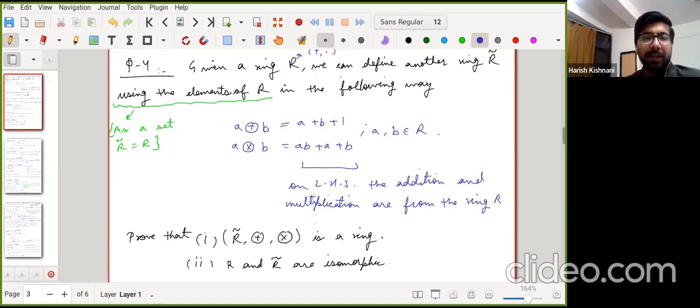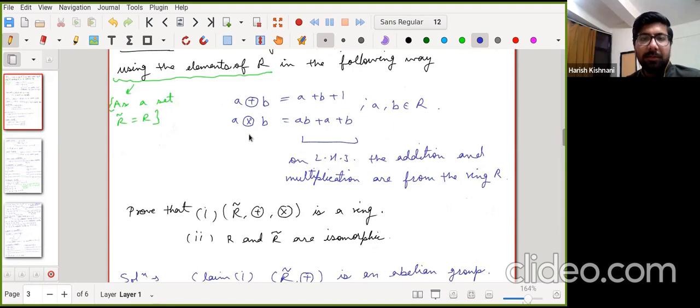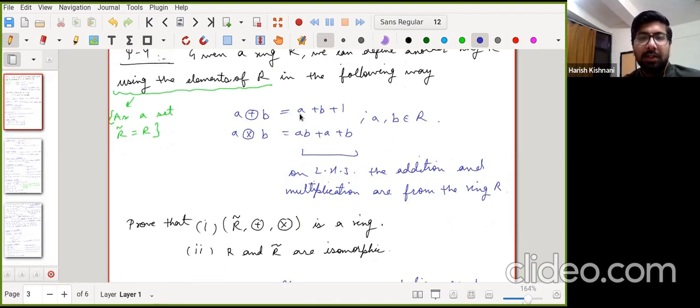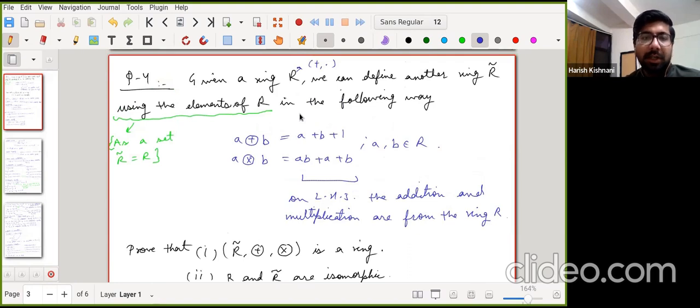That's why I defined different binary operations, and then we saw that the 0 of the earlier ring setup actually turns out to be the 1 of the new setup. So don't get acquainted with the hypothesis that 0 is always a multiplicative identity. It's just a notation for the multiplicative identity.